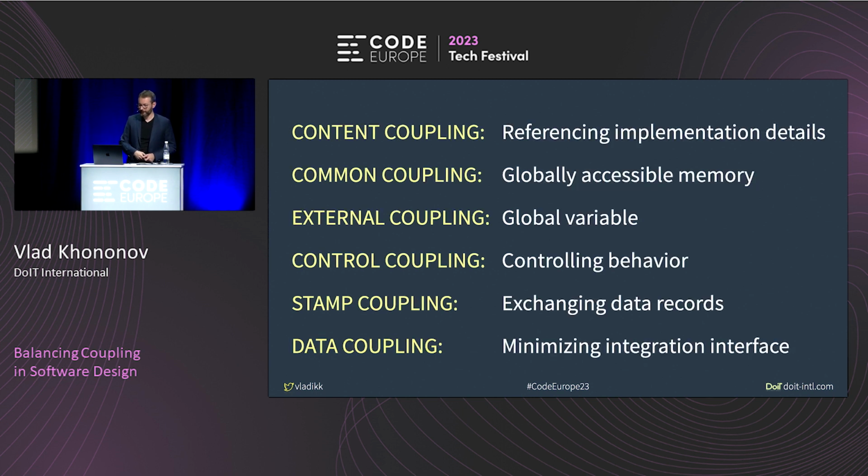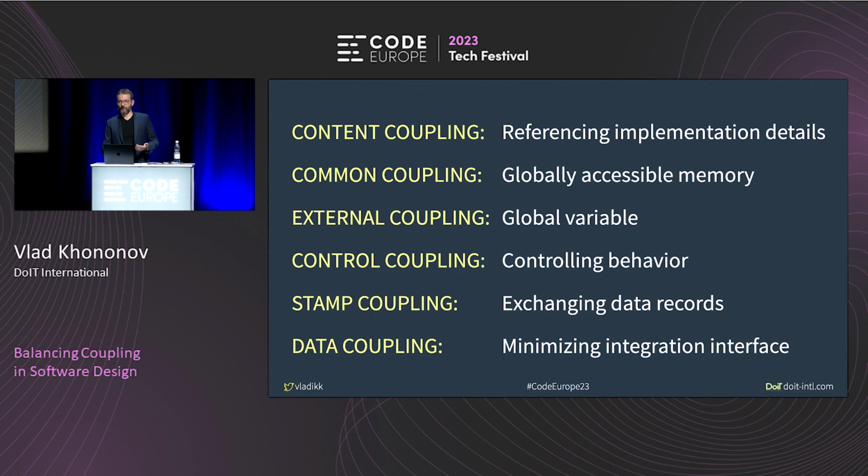So overall, these levels reflect how many implementation details are shared across boundaries, from content coupling, in which implementation details are used for integration, to data coupling, where we are minimizing our integration interfaces so that we can encapsulate our implementation details as much as possible.